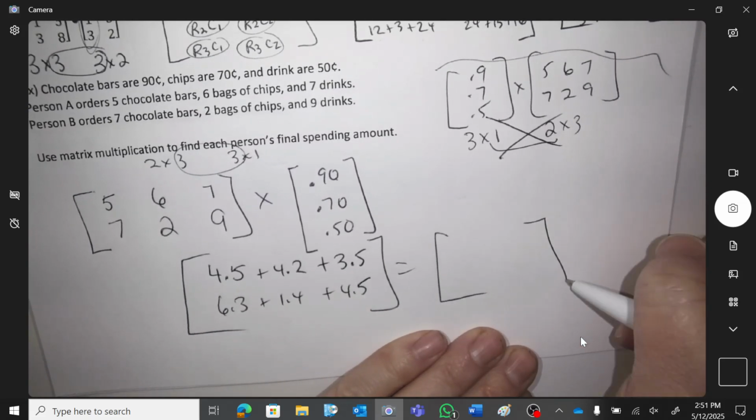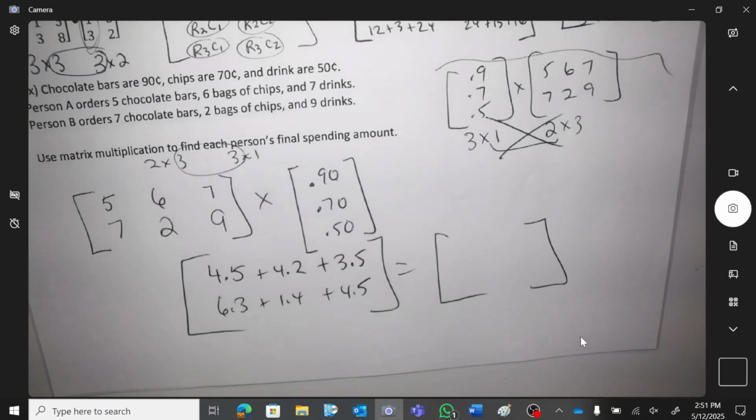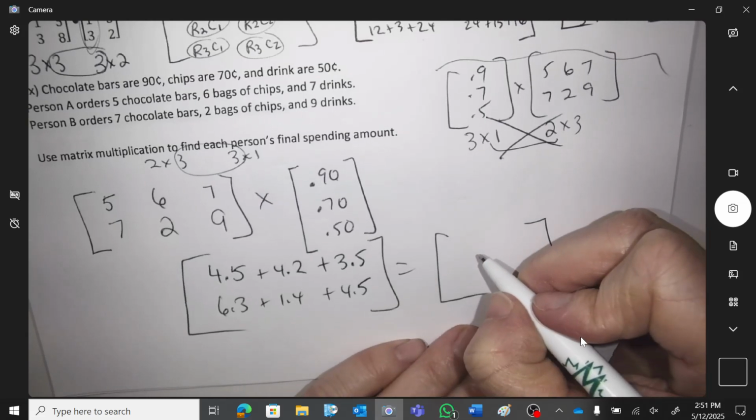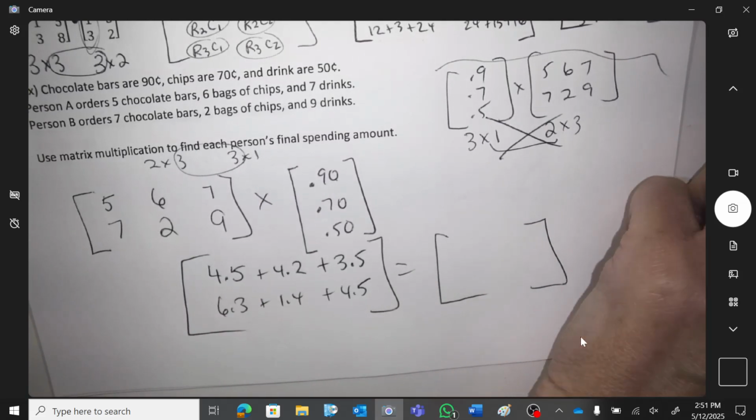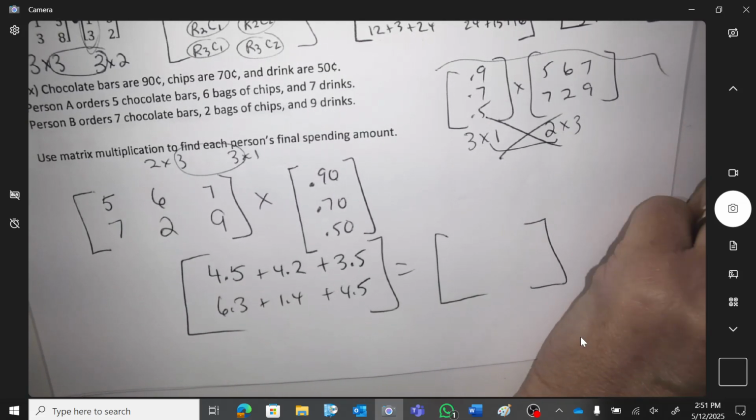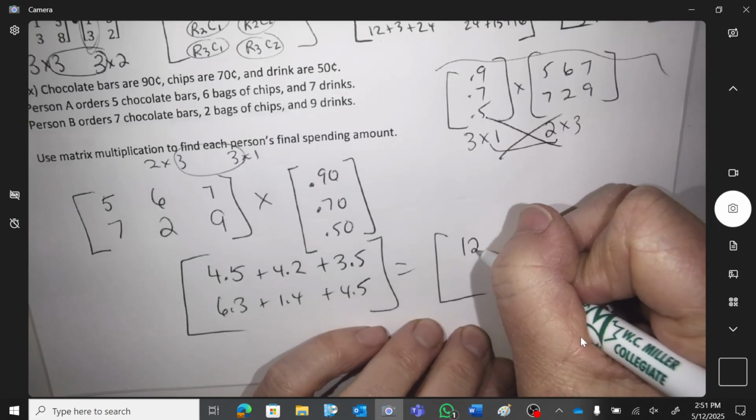Which means the total cost for person A is 12.3? 12.3. 12.20?